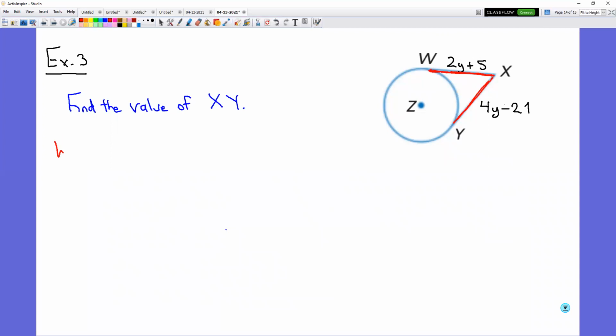So let's go and make that statement. WX and XY are both tangent to circle Z. Okay, they're both tangent to circle Z. So when they're both tangent to circle Z, there might be something that happens here.